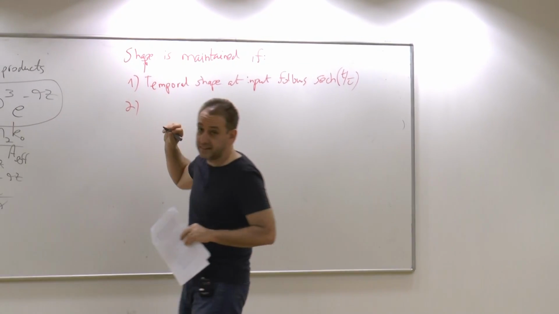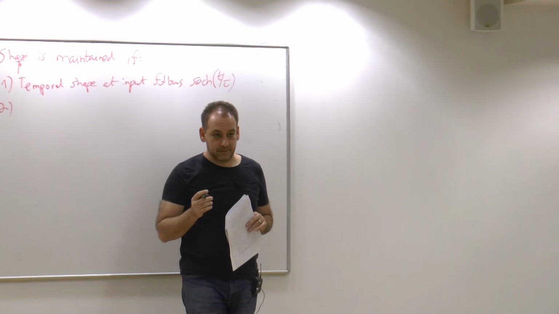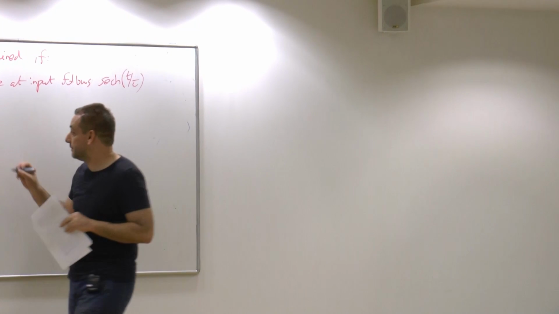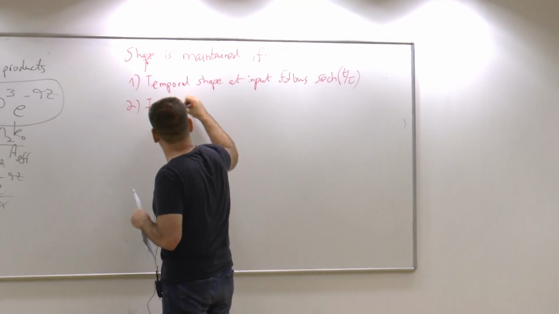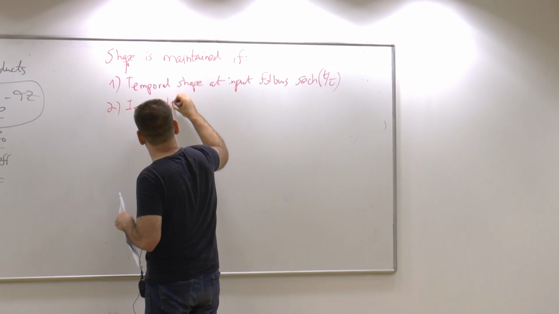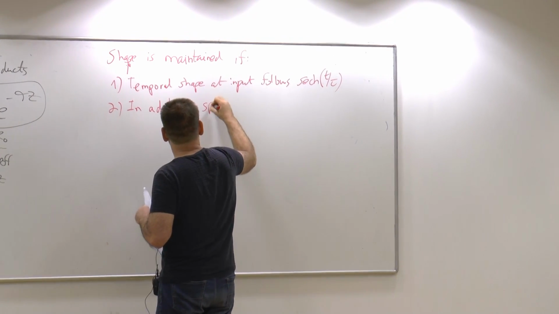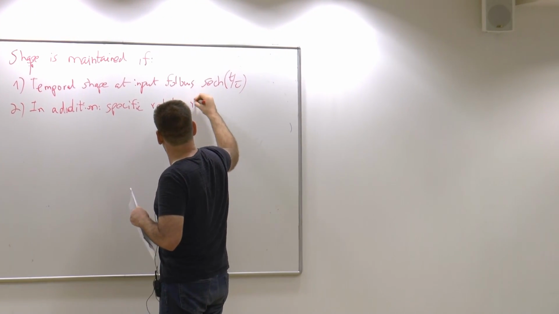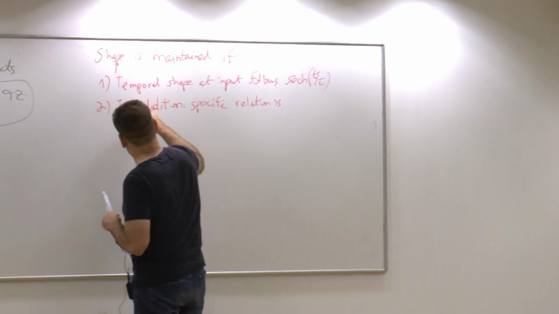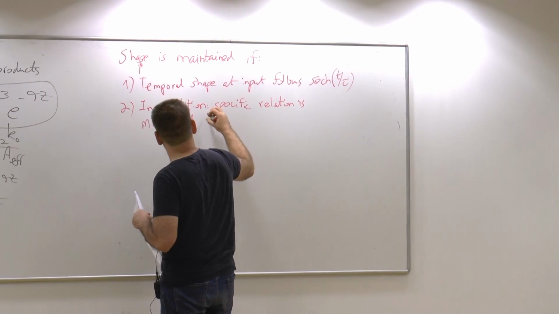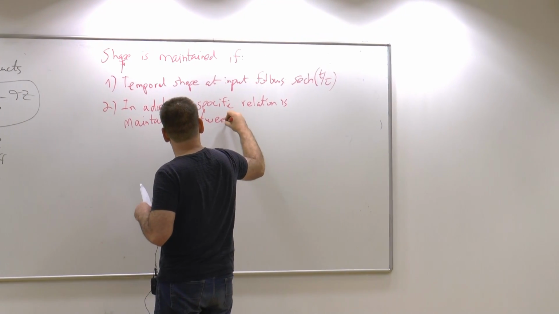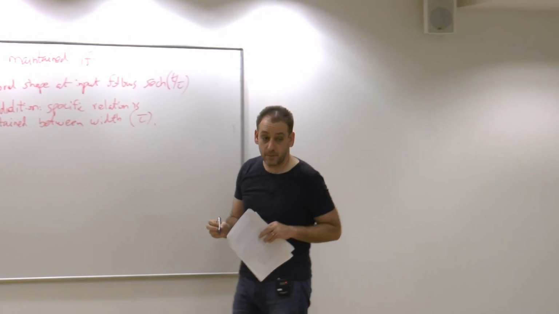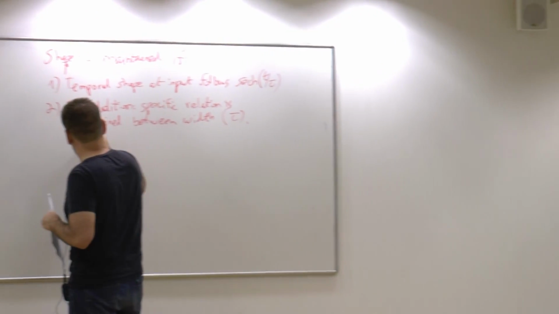Very importantly, there is a strict relation between temporal width and input power of that pulse. So in addition, a specific relation is maintained between width, namely tau, and input power.